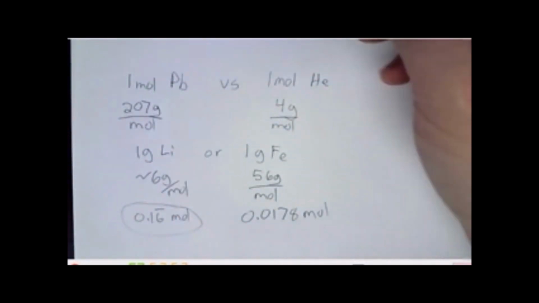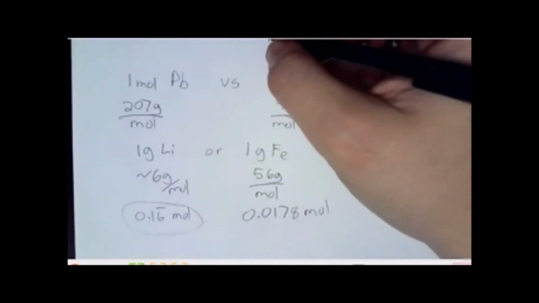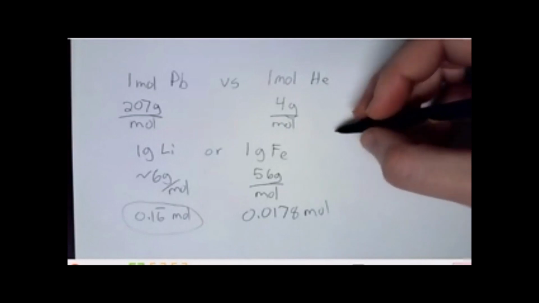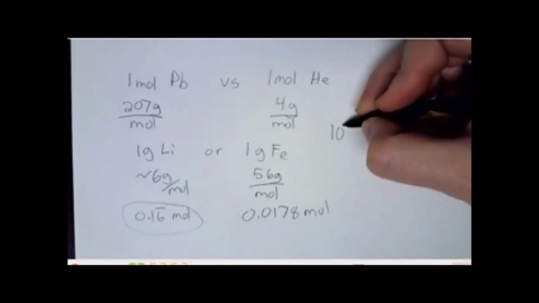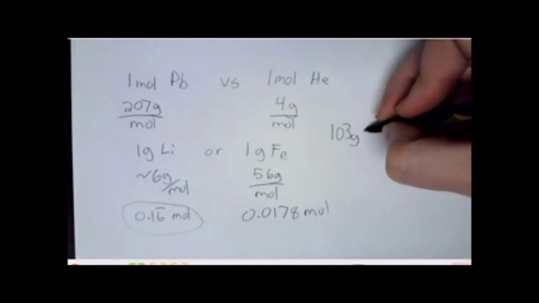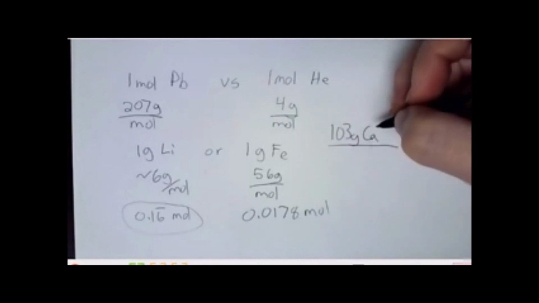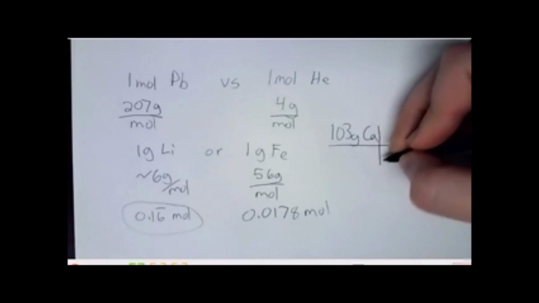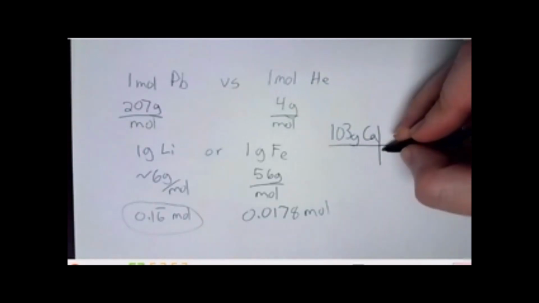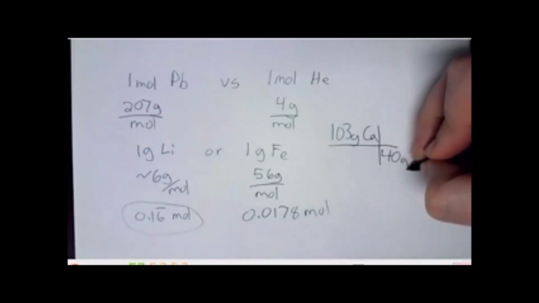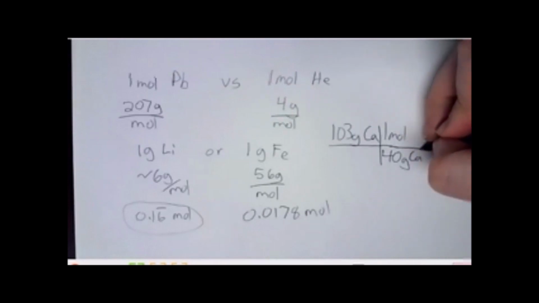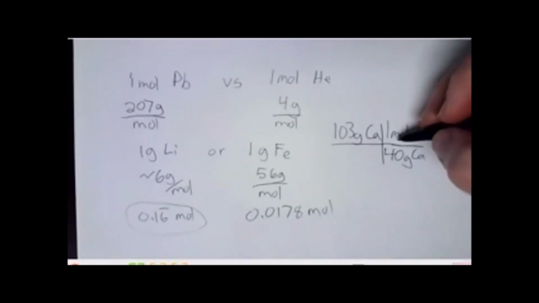Now we can do some math with these guys. How many moles of calcium would be in 103 grams of calcium? If I have 103 grams of calcium, how many moles? Well, we need our molar mass of calcium. Calcium, I do believe, is 40 grams of calcium per 1 mole of calcium. Here's where we can use our unit cancellation.